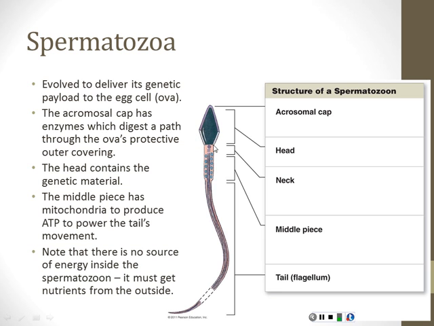And that is accommodated for because the sperm are mixed with secretions from several of the glands, and one of those secretions contains fructose, which is a sugar that the mitochondria can use to create ATP. So there's no fuel source on the inside, but in the semen that this spermatozoa is going to be in, it will be surrounded by fuel that it can use to burn to create ATP and make the swimming happen.